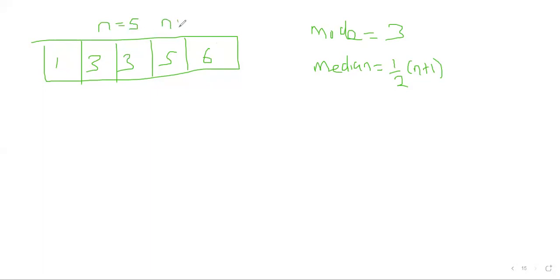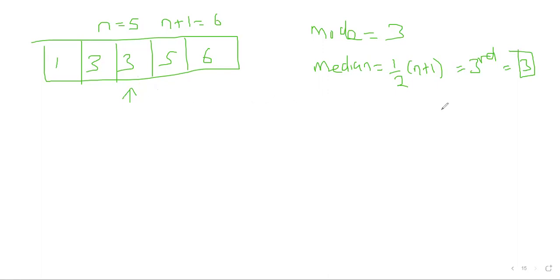What is our N plus 1? 6. What is that for? 3. What is the third number? 3. Okay. So this is our median.